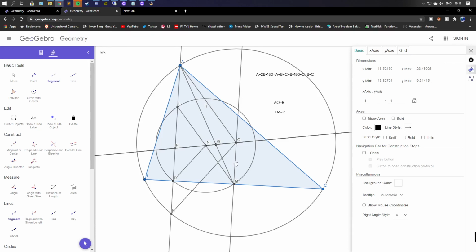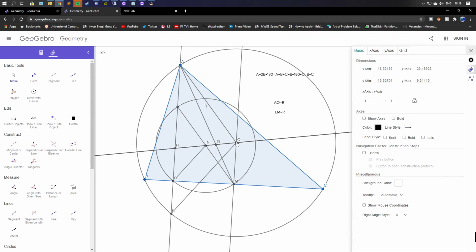I feel like I'm missing an obvious midpoint theorem thing around here somewhere, but I'm not sure where it is. So that's not a huge deal. But yeah, we know that HD is equal to DK by the properties of the nine-point circle.